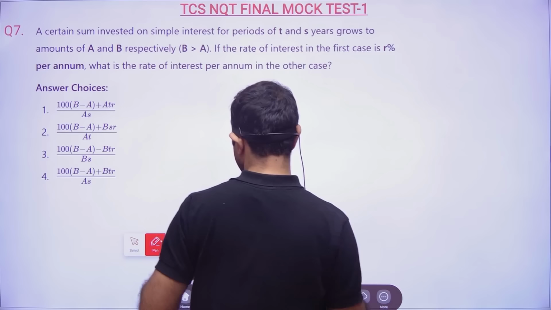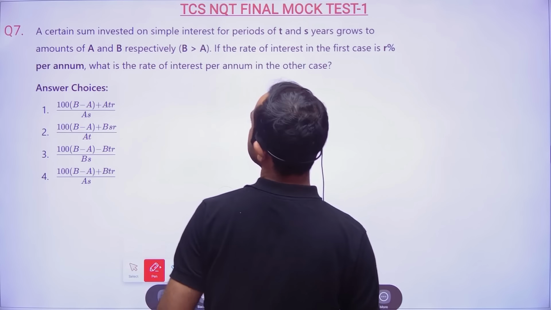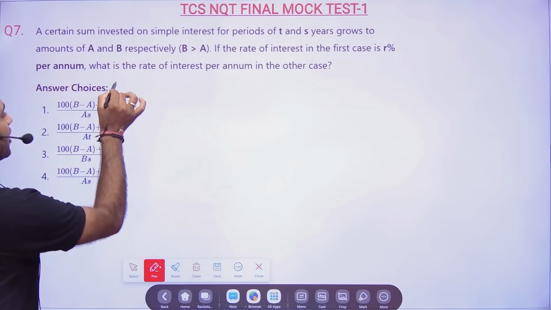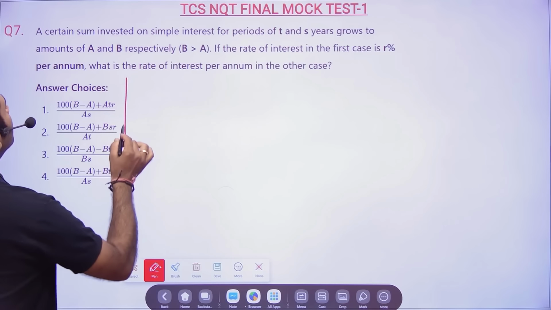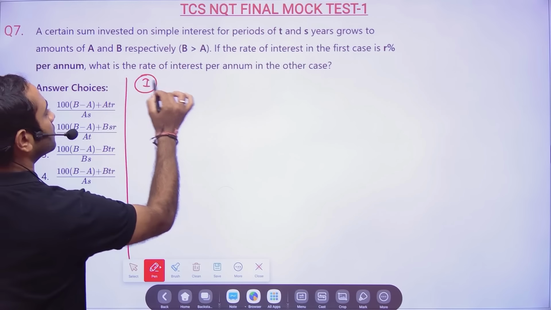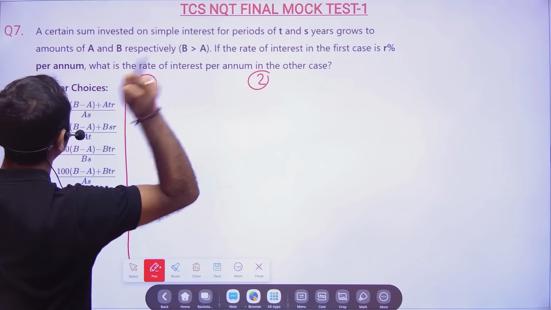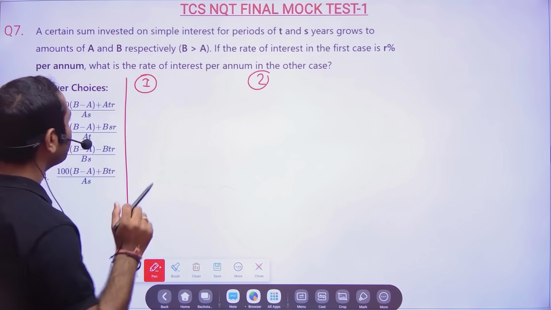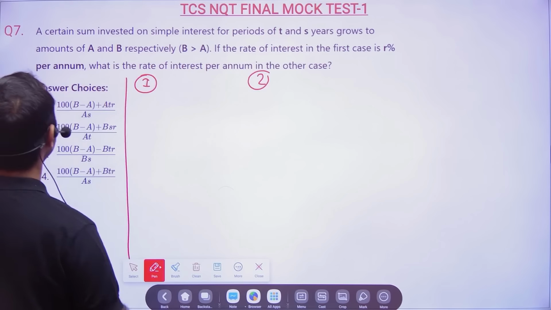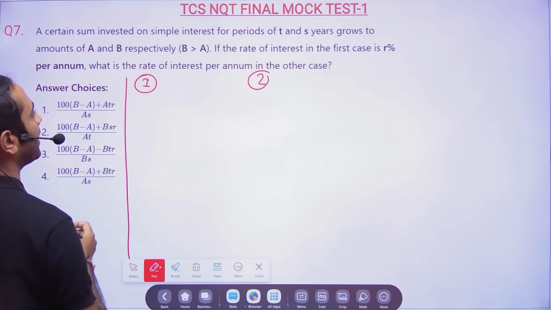So what are we going to do is, all the data has been given to you. There are two cases, case 1 and case 2. A certain sum is invested on simple interest for the period of T years and S years.